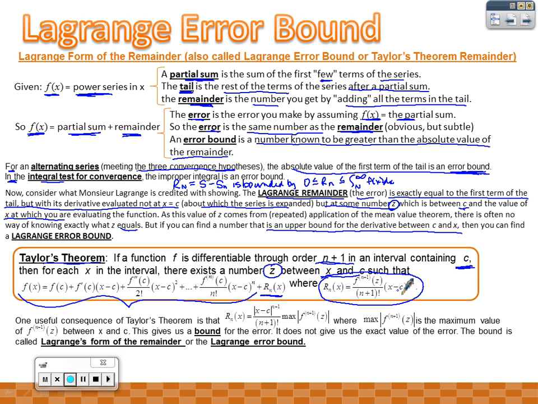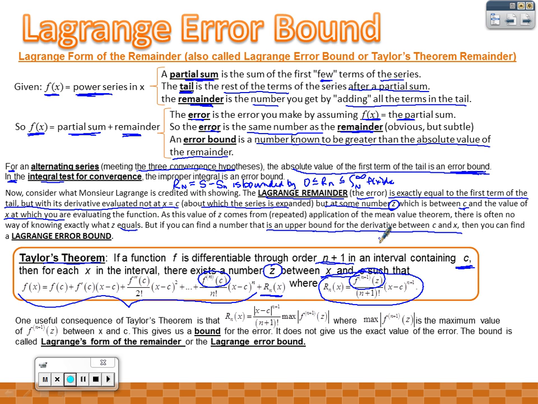The x minus c to the n plus 1 is the next one from this. The only kind of unusual part is that instead of naming a derivative at the center, he named the next derivative not at the center but at some unknown value z.